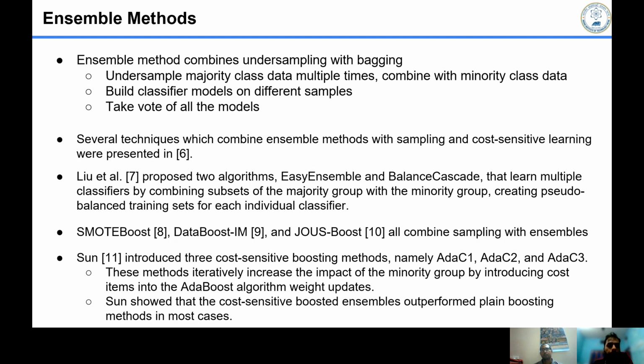So these methods basically iteratively increase the impact of the minority class by introducing cost terms to update the AdaBoost weights while training. Sun has also shown that these cost sensitive boosted ensembles work better than the plain ensemble methods where we use equal cost for all the classes.